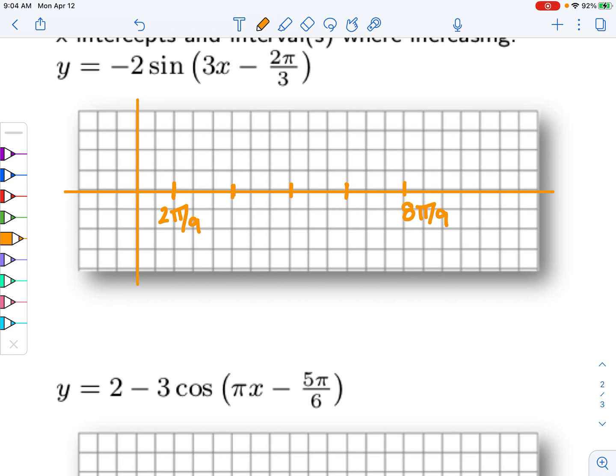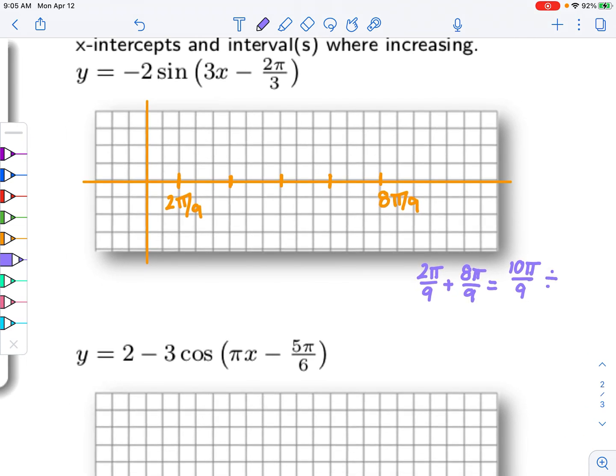To find my other points, you add the ends and divide by 2. So for example, I have 2 pi over 9 plus 8 pi over 9. I'm going to add those together, 10 pi over 9. Then you need to divide that in half, right? We're finding the midpoint. So dividing that by 2, you'll see it's 5 pi over 9, and that becomes your middle point here.